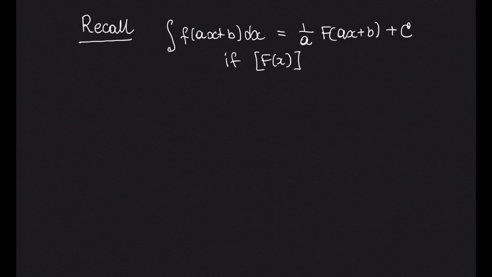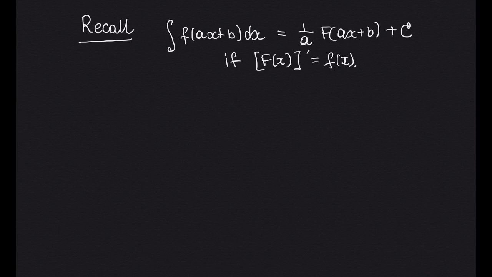So that means that the derivative of capital F of x is little f of x. And I made another video dedicated to this short formula. And again, this is not something that is typically emphasized in calculus, but it's just something that is worthwhile to remember.